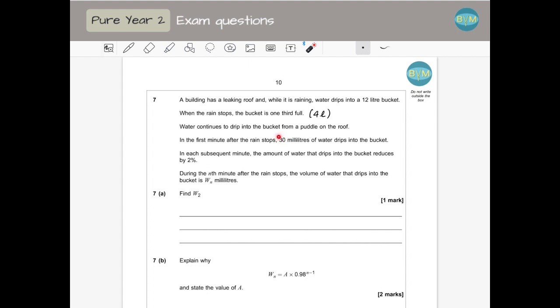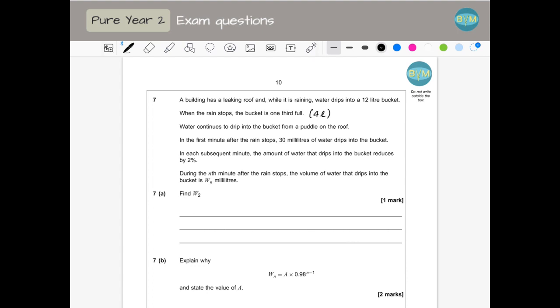But anyway, you have a first value that is 30, and then the next one is going to be reduced by 2%. So the next one is going to be 30 times 0.98. The next one is going to be the same but times 0.98, which means this is going to be a geometric sequence. The first thing they ask is W2, so the second value.